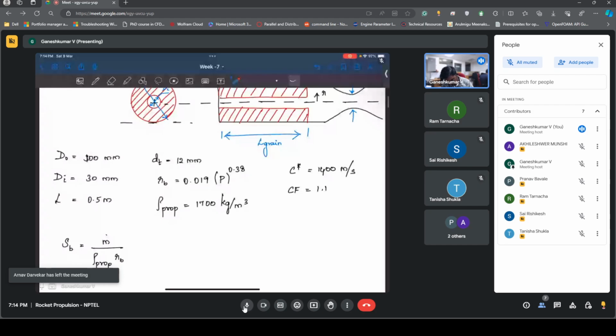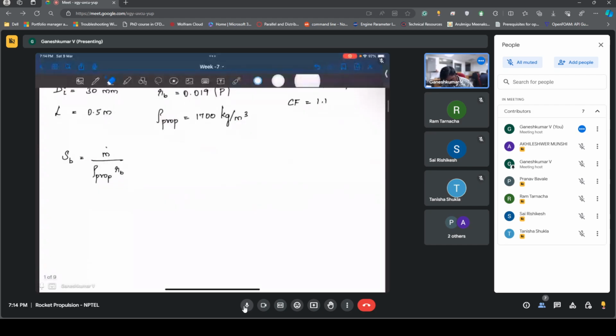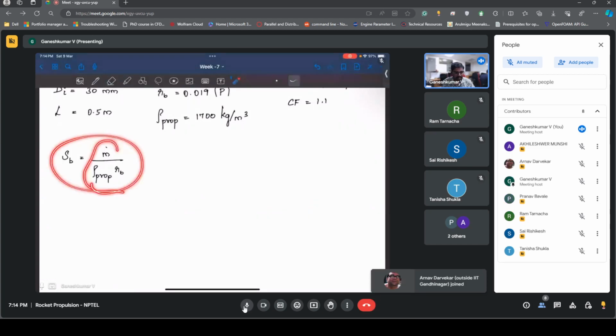This formula is right, but the only thing is we haven't found these quantities yet. We are going to find them.